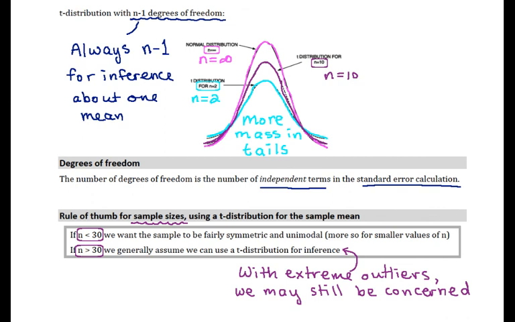When we did our exploration, we saw that even our heavily skewed distribution was already starting to look a lot more bell-shaped at 20, and then it looked really good at 50. So you can already resolve quite a bit of skew by the time you get up to about 20 or 30, which is the idea behind this rule of thumb.